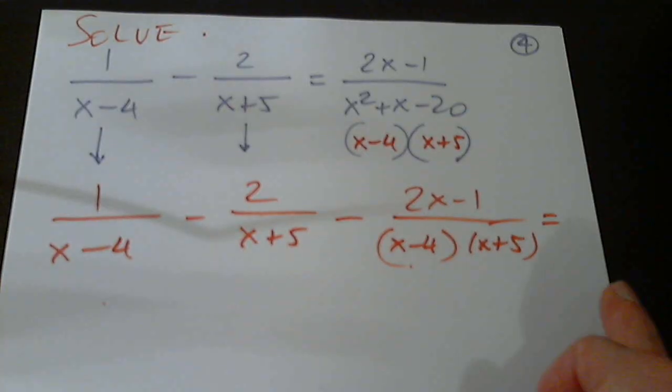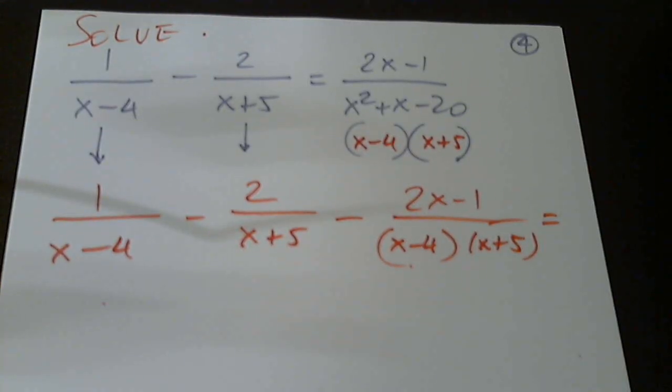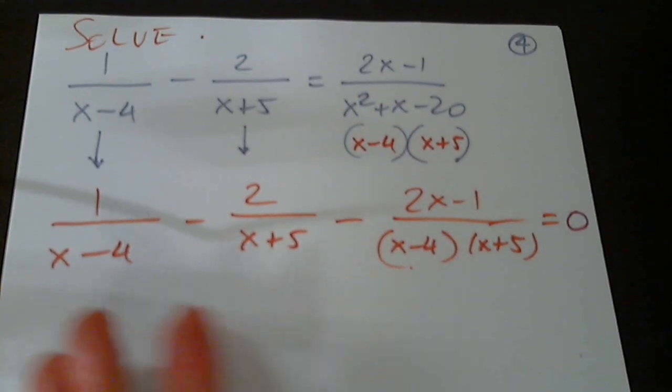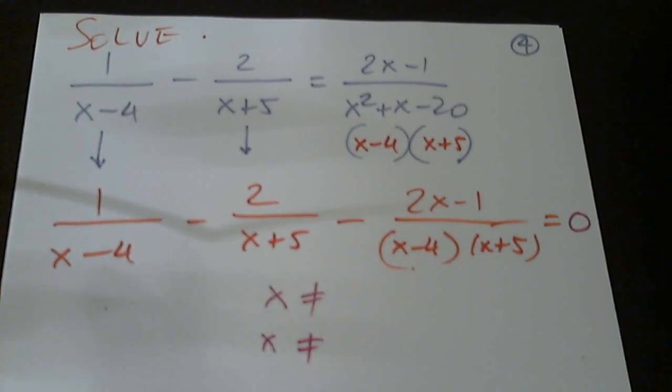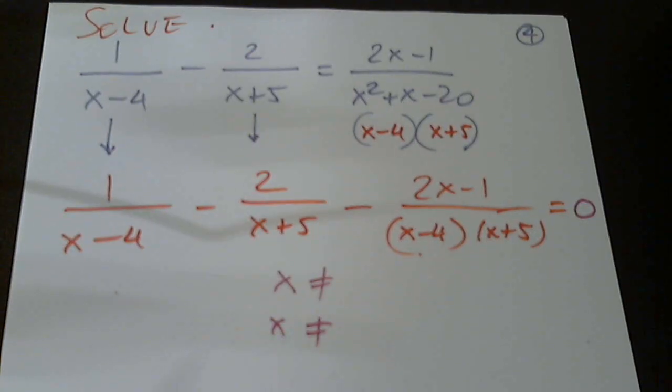Because if I forget the right-hand side, I am changing the equation into an expression and I will never solve. 0. Brilliant. So now you're going to give me two restrictions, very important, before I can proceed with these rational expressions. x cannot be 4 or negative 5. Excellent.